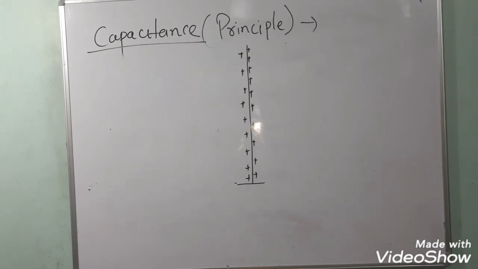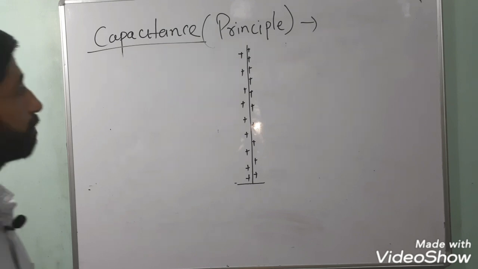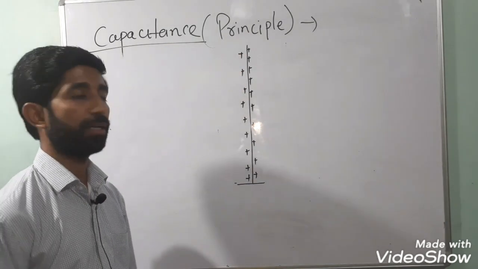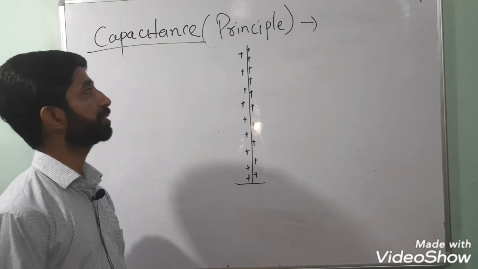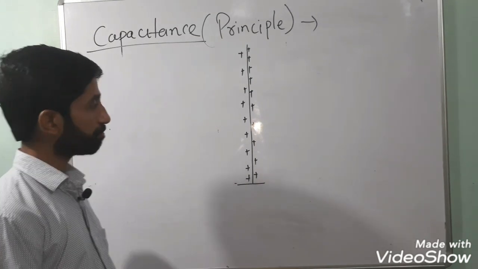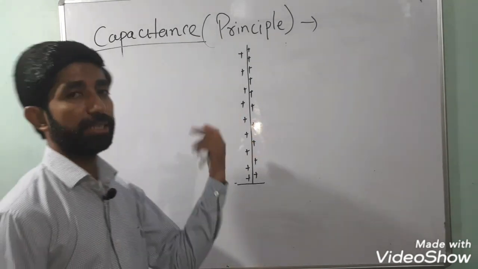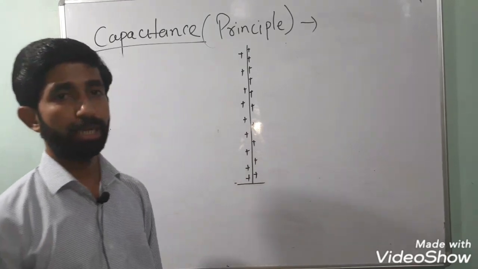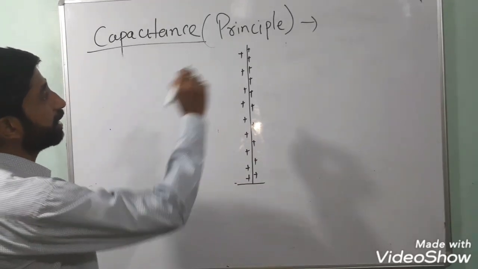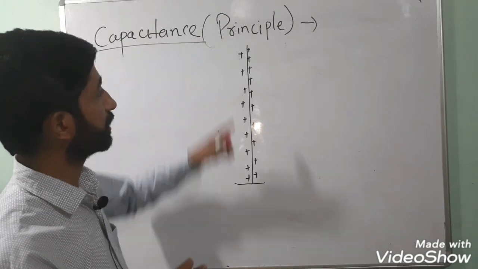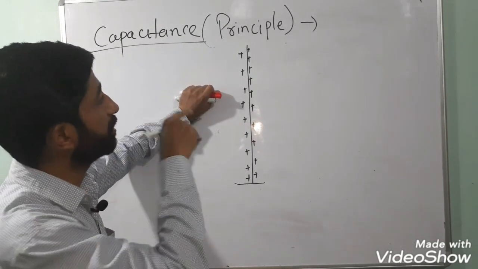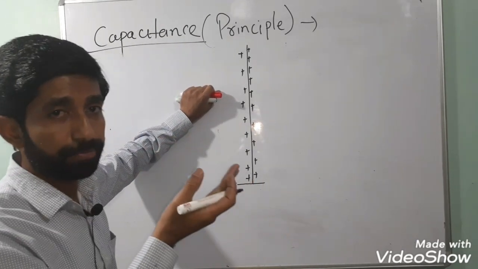Now to understand the principle of a capacitor, consider a linear conductor, and this is positively charged. I have a limit according to its capacity, so I cannot give it more than that limit of charge.